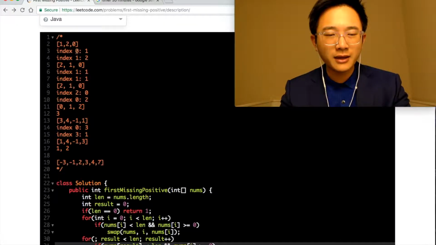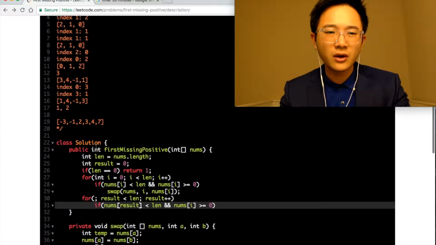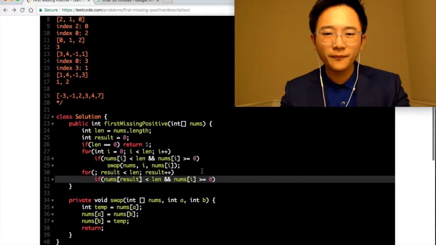So 0, index 0. Should I add 1? Okay, add 1. All right.